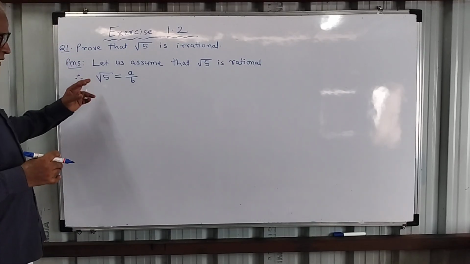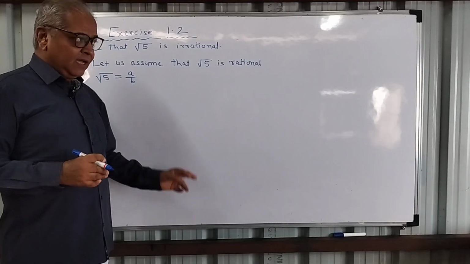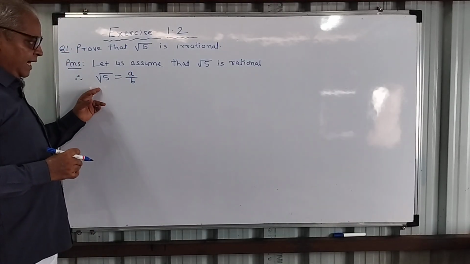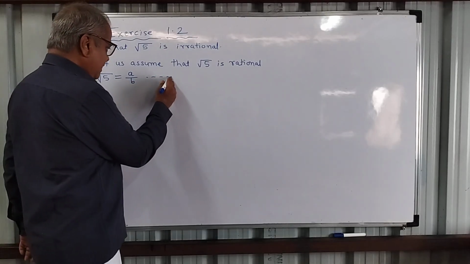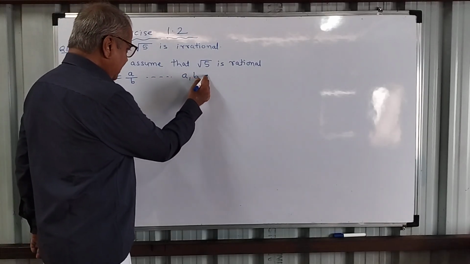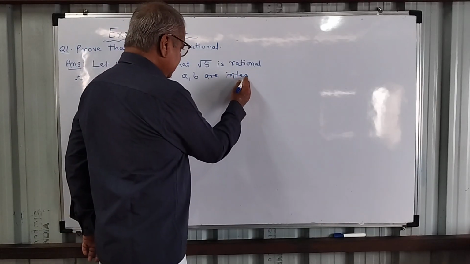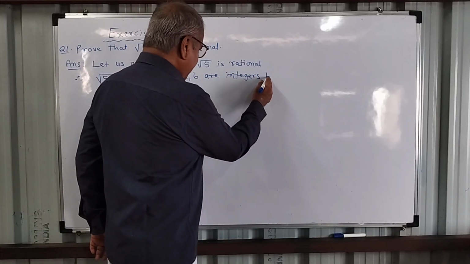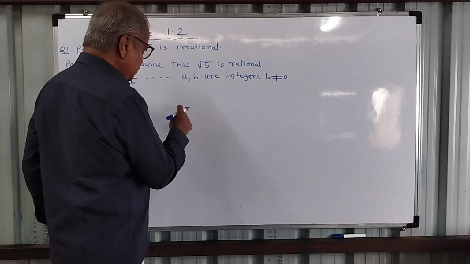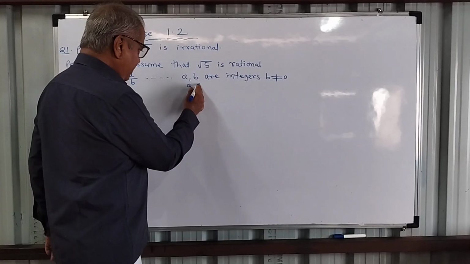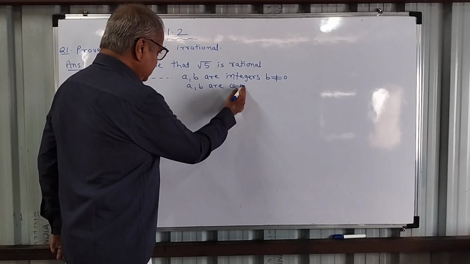Why? Because we have assumed that root 5 is rational. As it is rational, we can write root 5 is equals to a upon b, where a comma b are integers, b not equals to 0, and also a comma b are co-primes. This is very important.